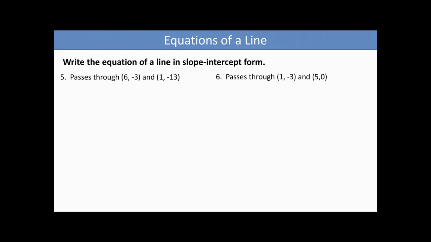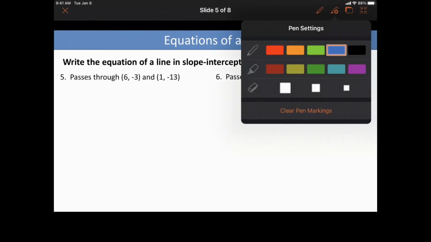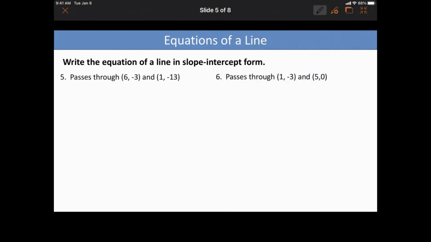So we know the formula for slope. Using the equation, we know it's slope-intercept form. So we're going to need to find two things, the slope and then the y-intercept.